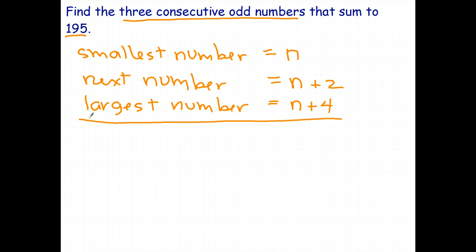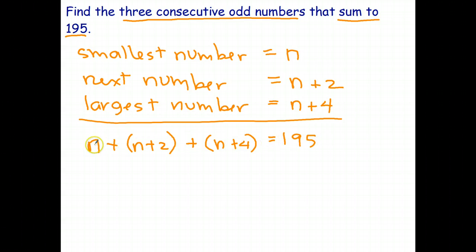Okay, now the second part of the sentence says that they sum to or add to 195. Well, that means we have n plus, I might put it in brackets, don't have to, but it just keeps that sort of together. So n plus 2 plus n plus 4 equals 195.